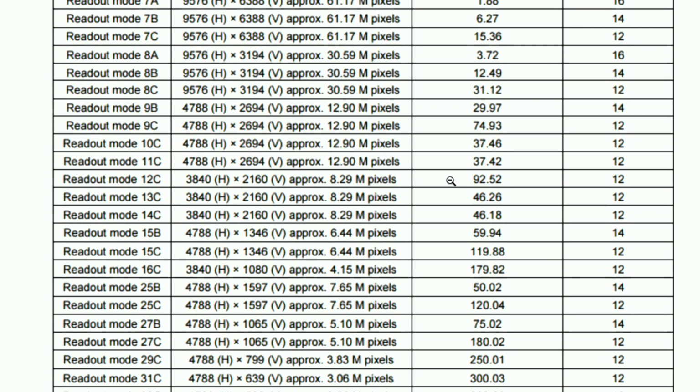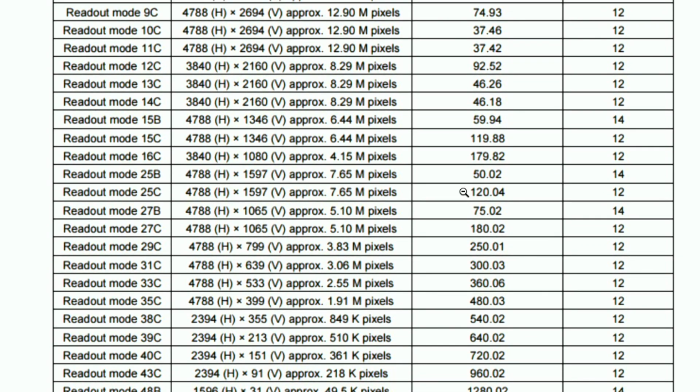So these two, for example, 92. These are clearly 8 megapixels, 8 megapixels, 8 megapixels, and you can see the speed. So 12C, for example, 92 frames a second at 12 bits. Okay, that 4K is kind of interesting, right?